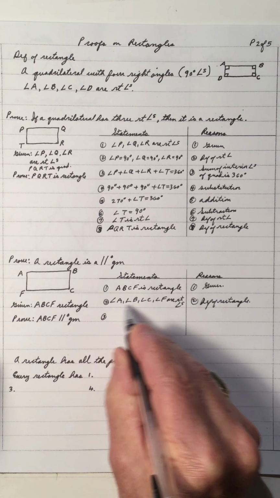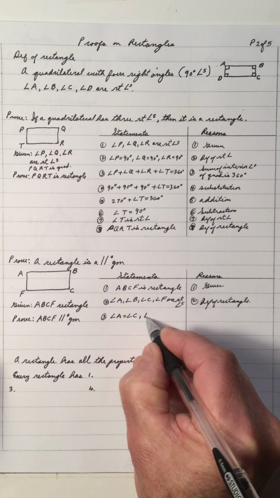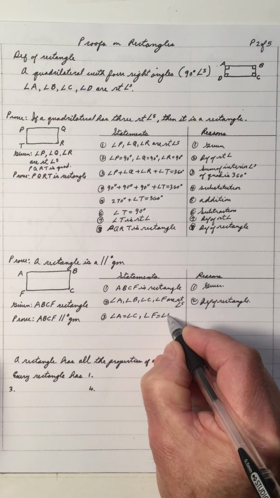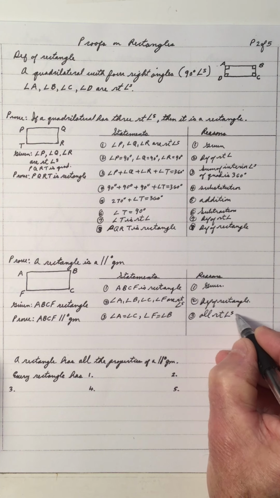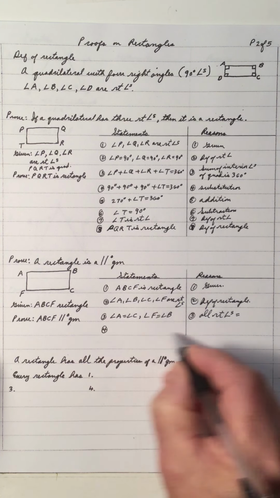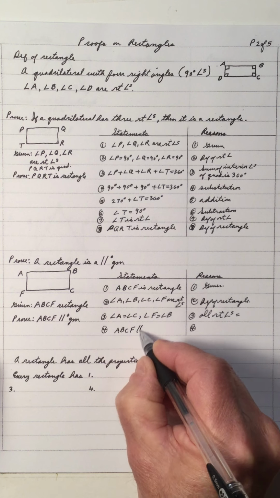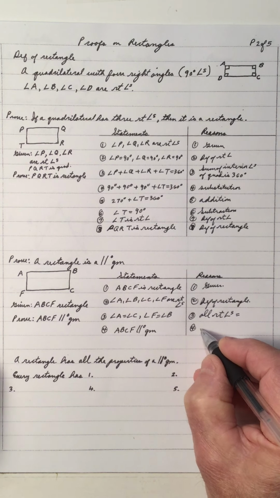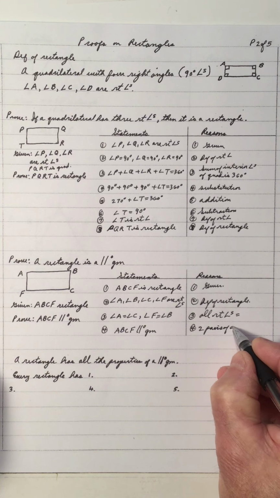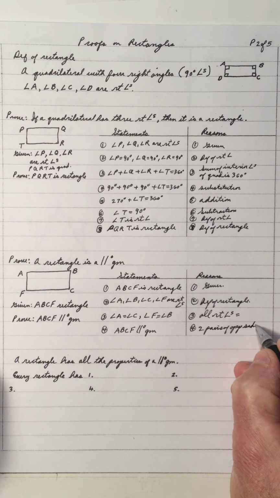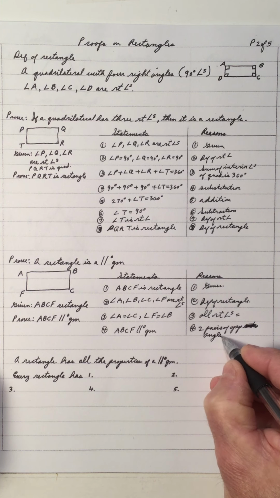And since we have four right angles, that means angle A is equal to angle C, and angle F is equal to angle B, because all right angles are equal. And number 4, that means that ABCF is a parallelogram because we have two pairs of opposite angles equal.